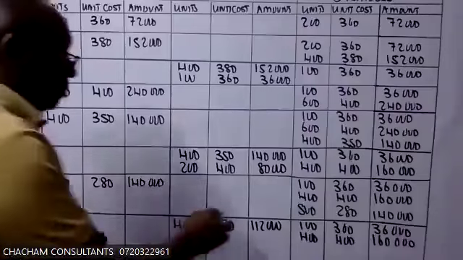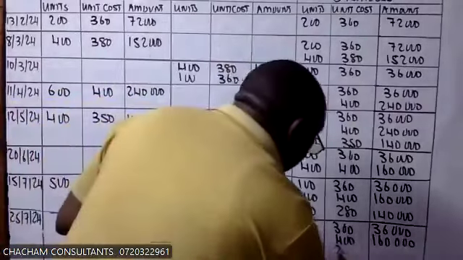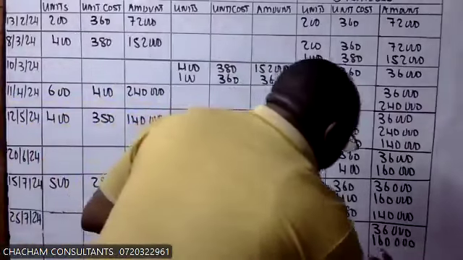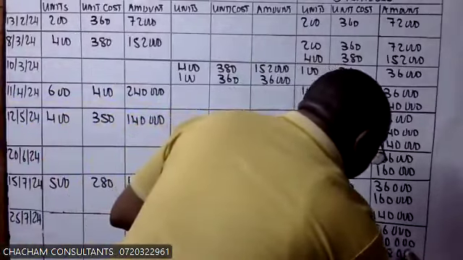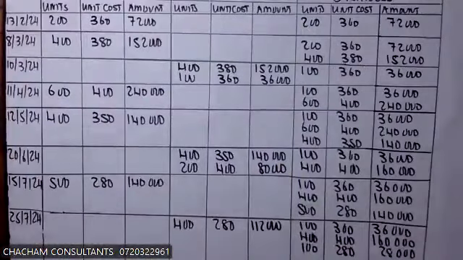And then sasa hapa kumebaki 100 at 280. That gives us 28,000. So that is all.